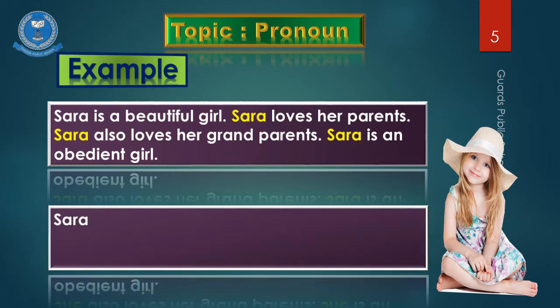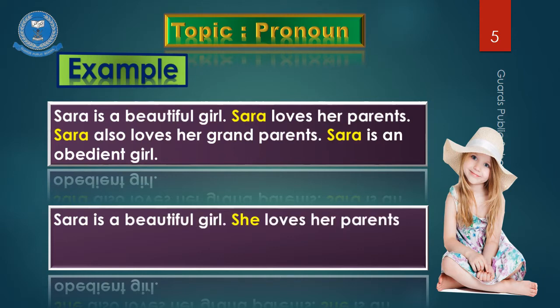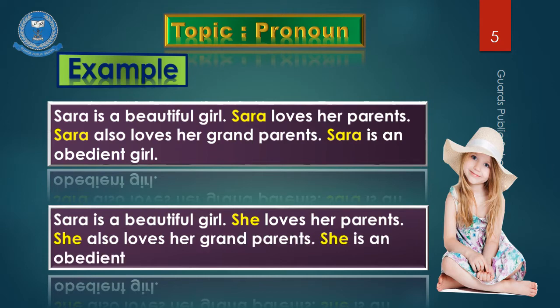Sarah is a beautiful girl. She loves her parents. She also loves her grandparents. She is an obedient girl. So, it means we see the word Sarah is replaced by the word she.